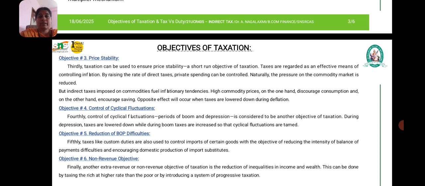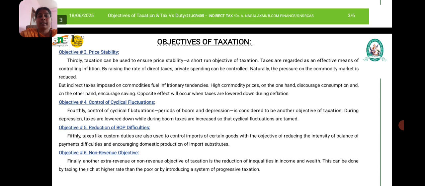Here taxation plays a very important role in price stability. They will control the prices. Inflationary tendencies, stock market fluctuations, everything will be inside that price stability.